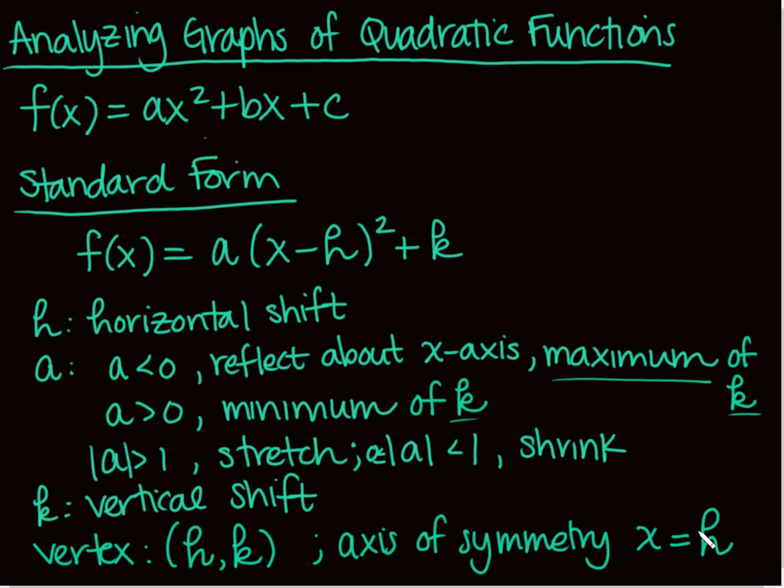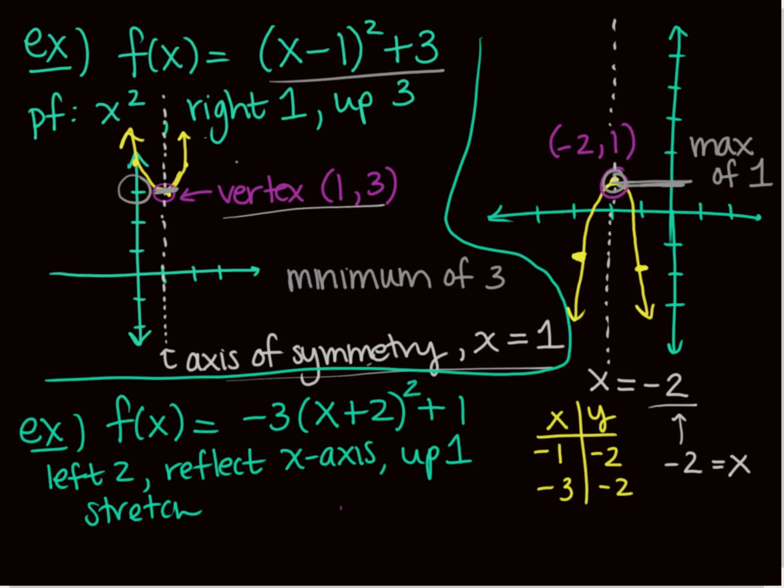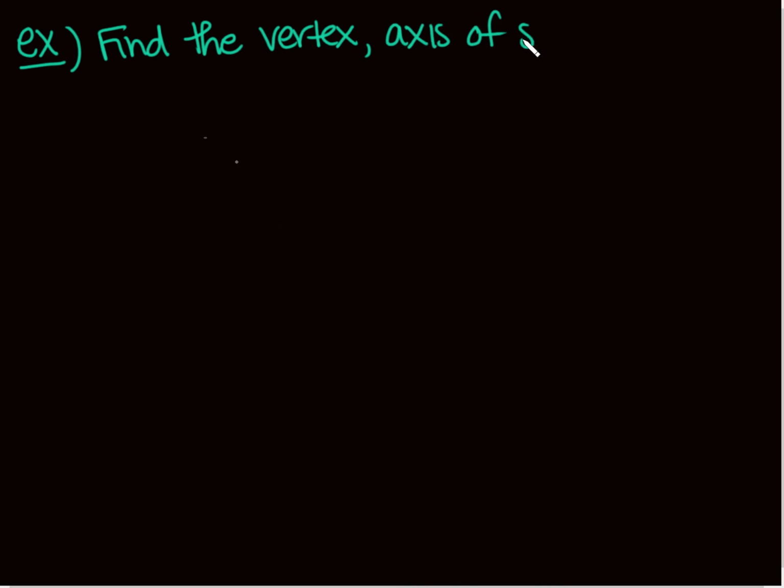Okay, so good times. All right, so let's look at how do we get it into that form. So these guys were already in that form, but how do we get there? And we're going to come back to that lovely method of completing the square. So I want us to find the vertex, axis of symmetry, maximum or minimum value. We're going to do a couple of these.